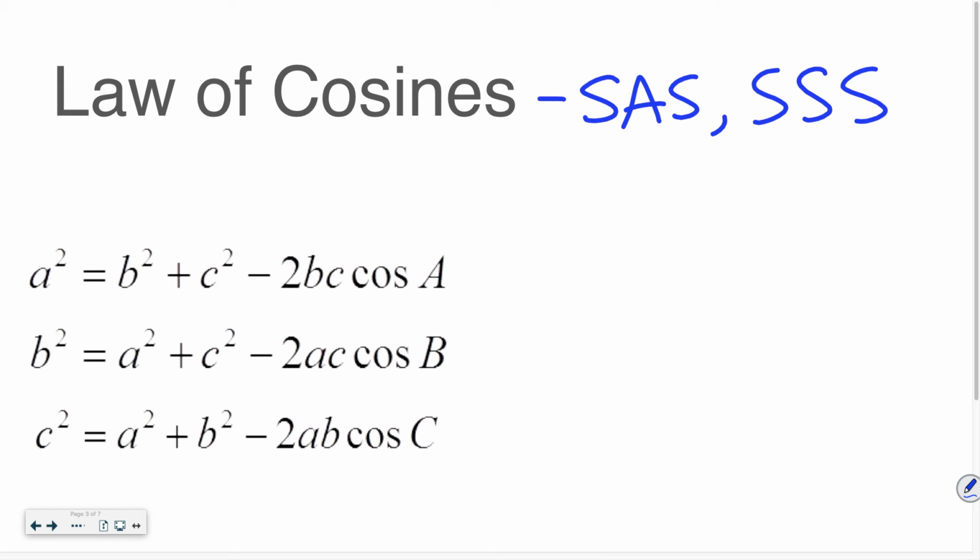So we have side squared equals side squared plus side squared minus 2 times these same two sides times the cosine of the angle that matches this loner side on the other side of the equal sign. I want you to notice that this side matches this angle, and then these sides match right here.